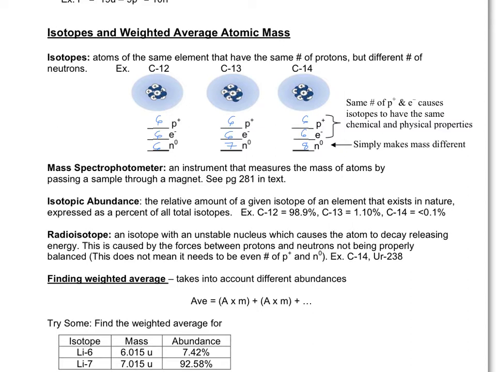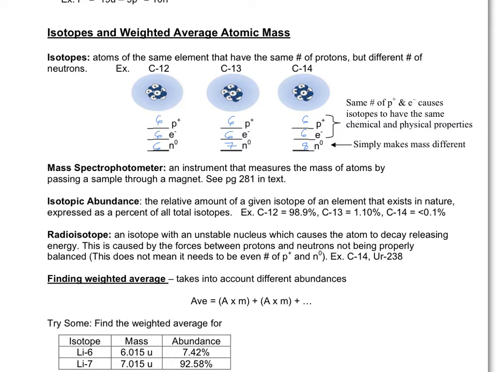So if we're looking at carbon, 98.9% of all carbon atoms in nature are actually carbon-12. Only 1.1% are carbon-13, and less than 0.1% is carbon-14. Isotopes are not usually found in equal amounts.